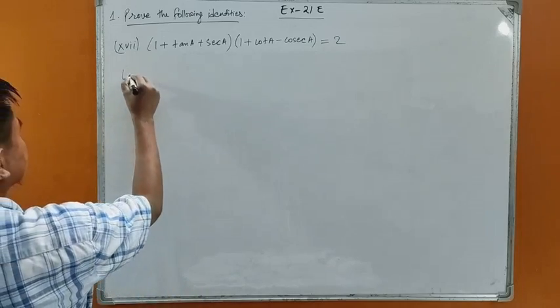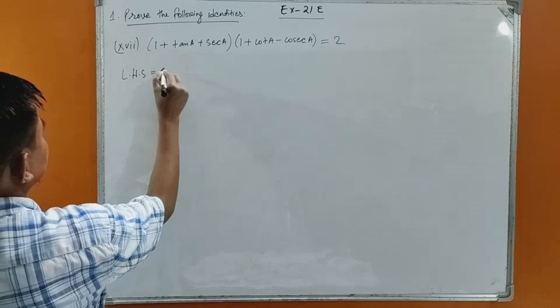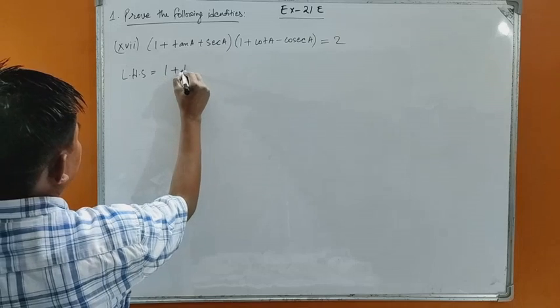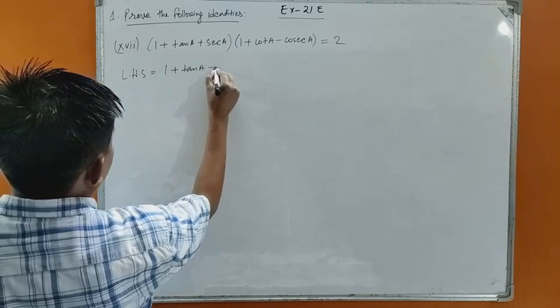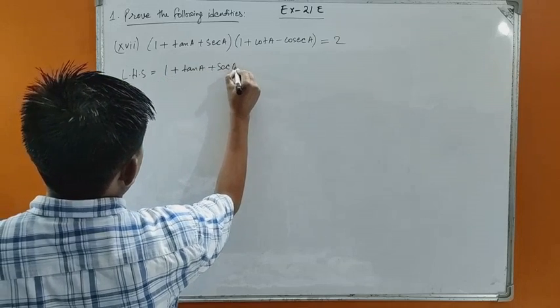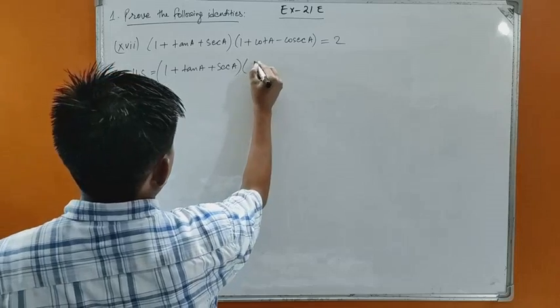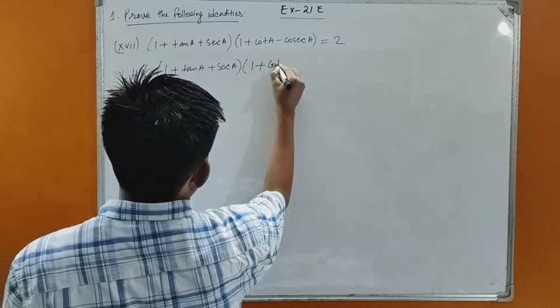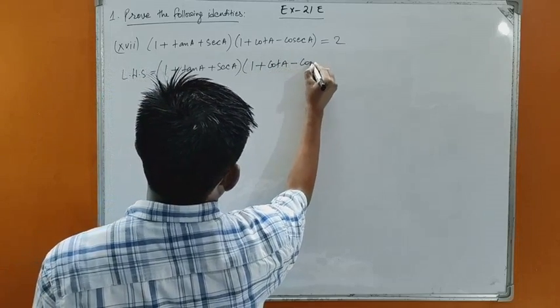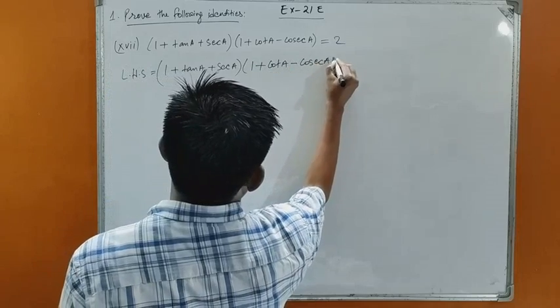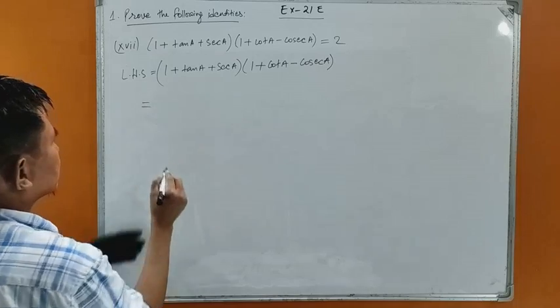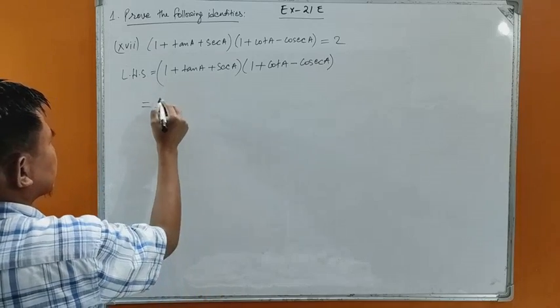So let's copy the left hand side. LHS equals 1 plus tan A plus sec A into 1 plus cot A minus cosec A, isn't it? So let's convert this whole thing into sin cos form. Okay.